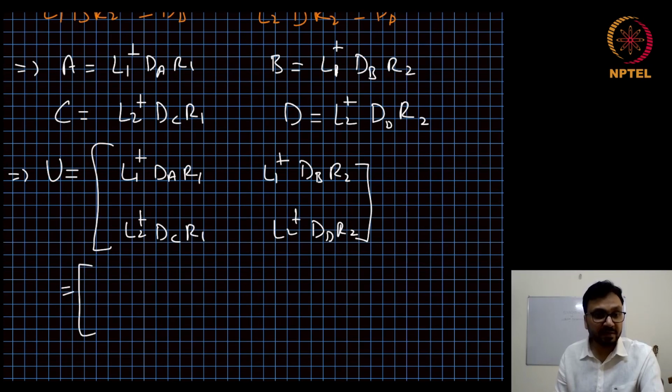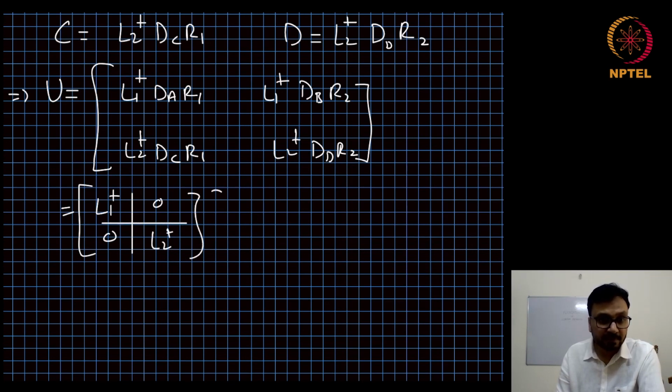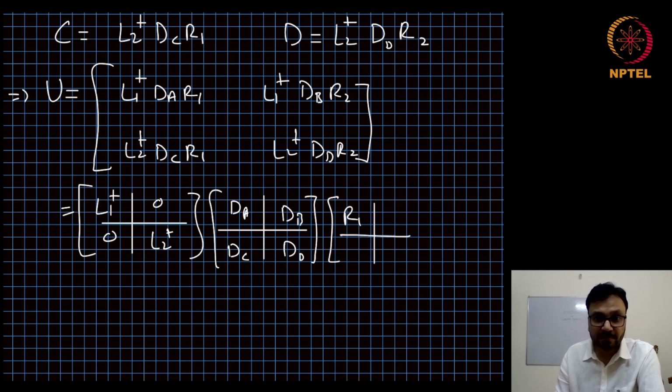Or we can write it as a product of three matrices: L1 dagger, L2 dagger on the diagonal with 0 0 off diagonal, times the matrix dA, dB, dC, and dD, times R1, R2.